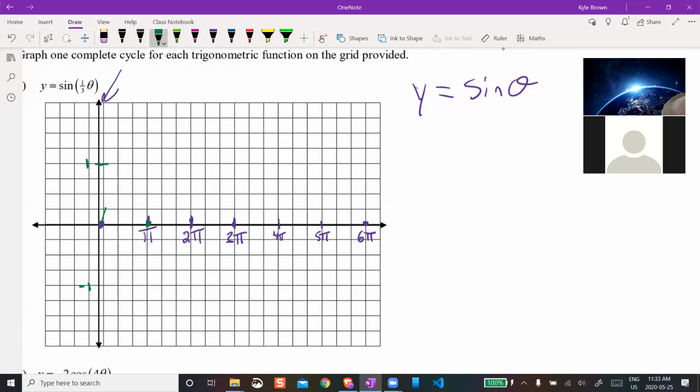Right in the middle, right at this point is where it would be at 1. So that's going to be at pi over 2, right? So pi over 2 would be at its peak. And then it comes back down again. And then again, it would be right there, and then there. I'm going to draw all my peaks.